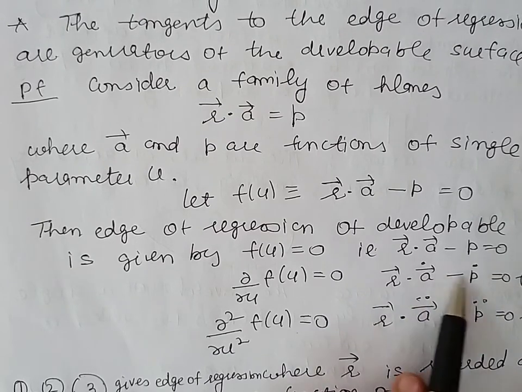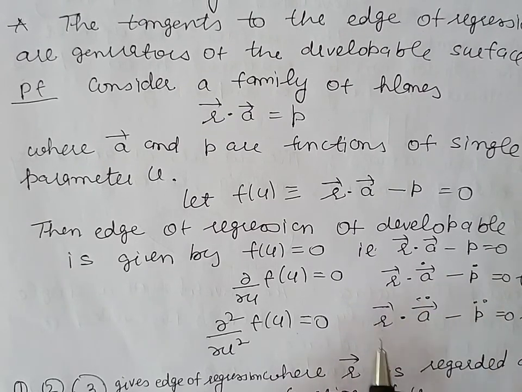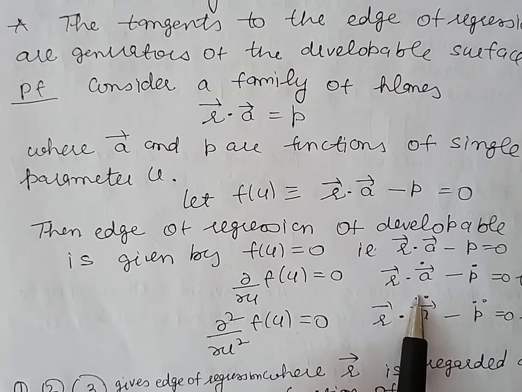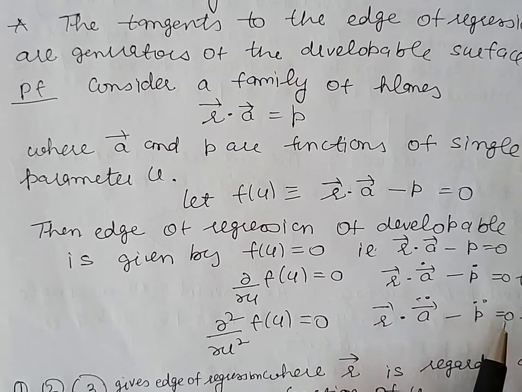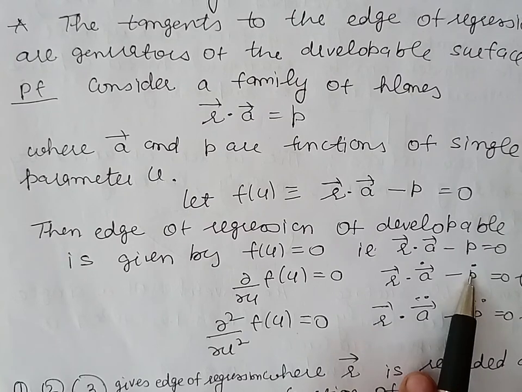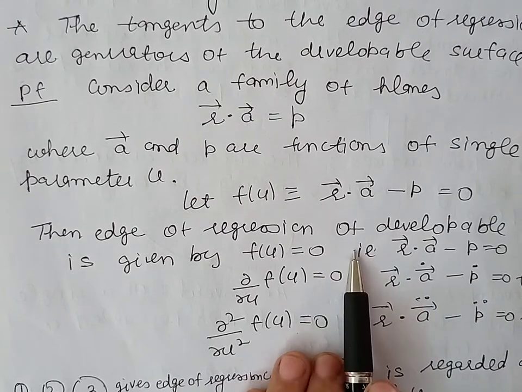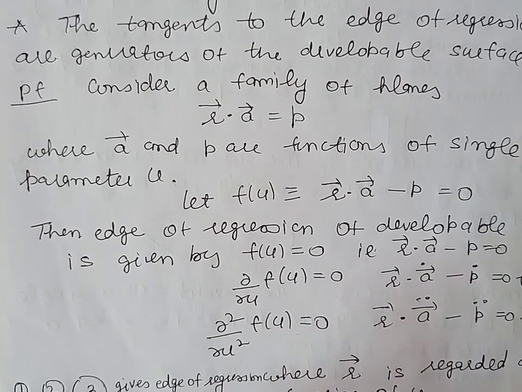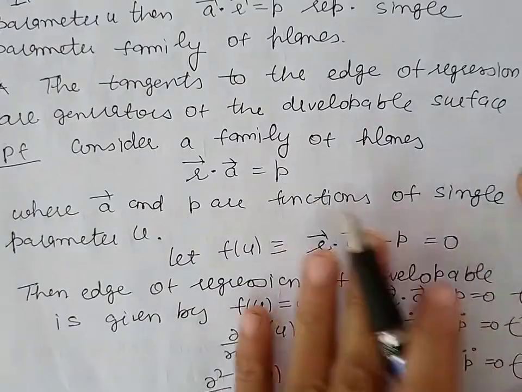And again the partial derivative of this with respect to u gives r · ä − p̈ = 0, where dot denotes the partial derivative with respect to u. So these three equations give us the edge of regression of the developable surface.